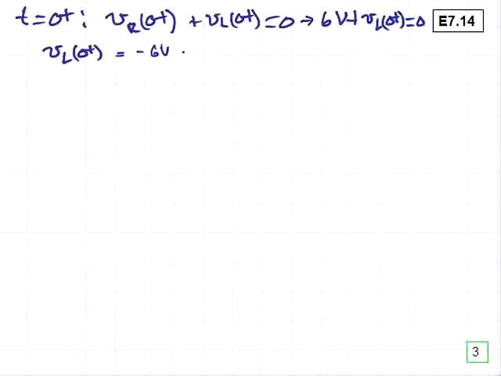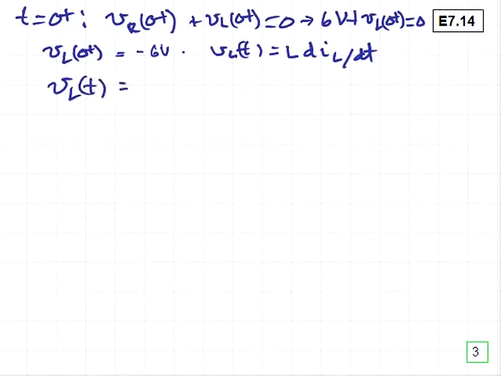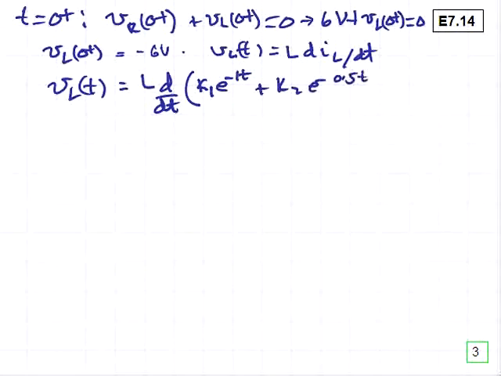Then recall that V sub L of t is equal to L dIL dt. It's related to the derivative of the current flowing through that inductor. So V sub L of t is going to equal L d by dt of our assumed form of the current, K1 e to the minus 1t plus K2 e to the minus 0.5t.